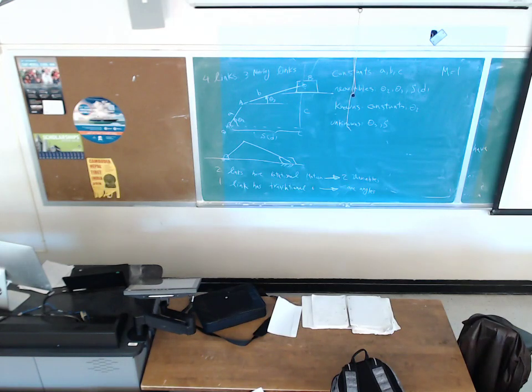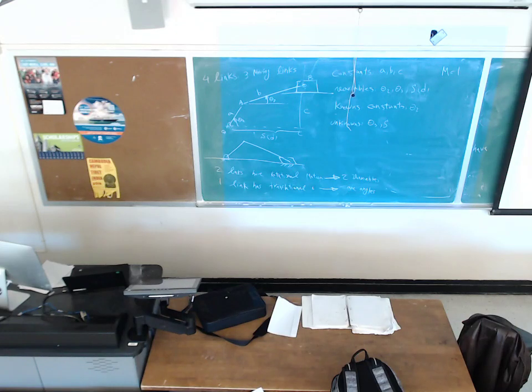So how can I set up the displacement analysis? I pick a point representing O2. It can be any point. I don't know the position of the slider, so I cannot locate it, but I know the angle of theta 2. Theta 2 is given.